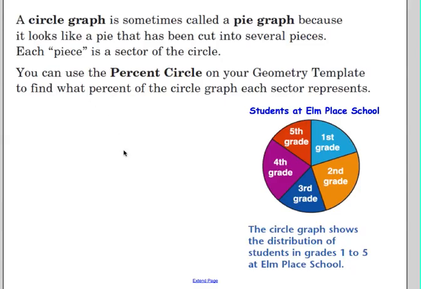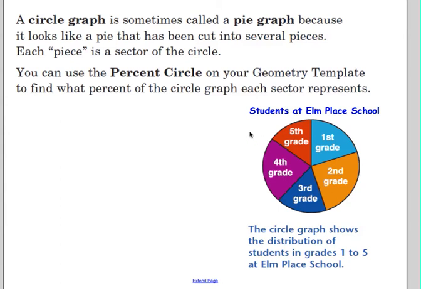We also will be working with circle graphs in 5th grade. A circle graph is sometimes called a pie graph because it looks like a pie that has been cut into several pieces. Each piece is a sector of the circle. You can use the percent circle on your geometry template to find out what percent of the circle graph each sector represents.